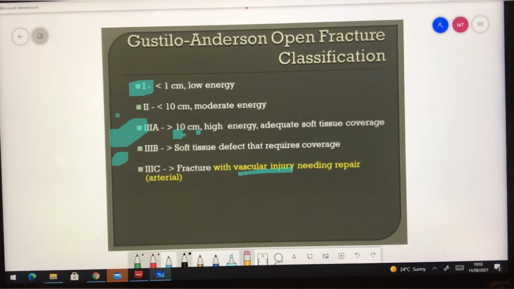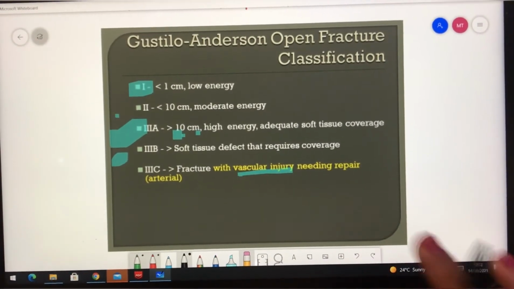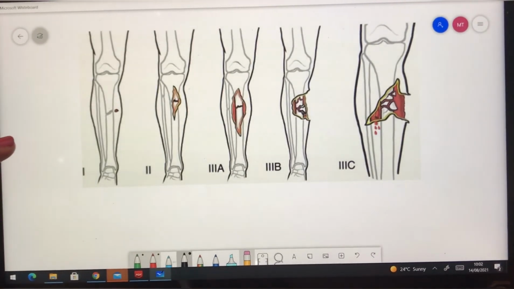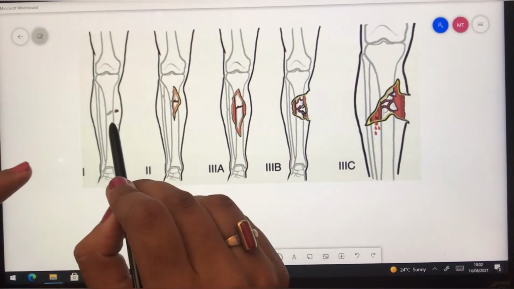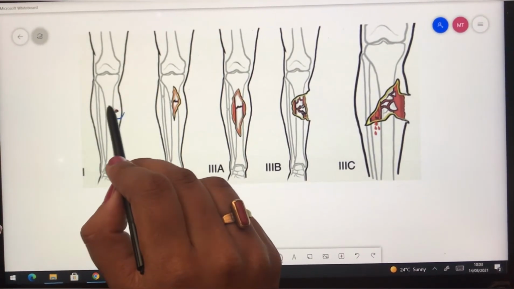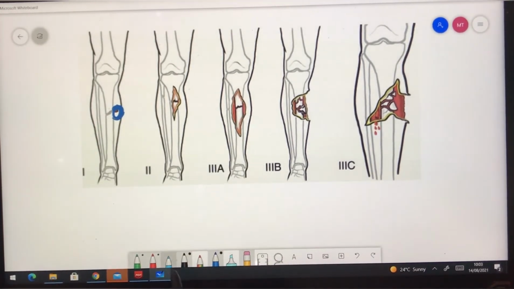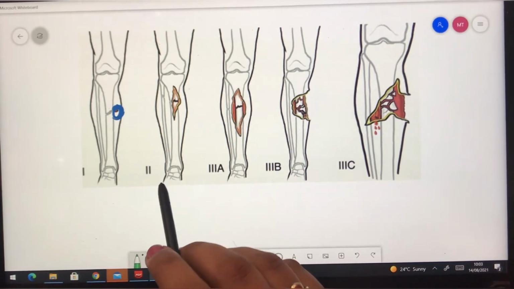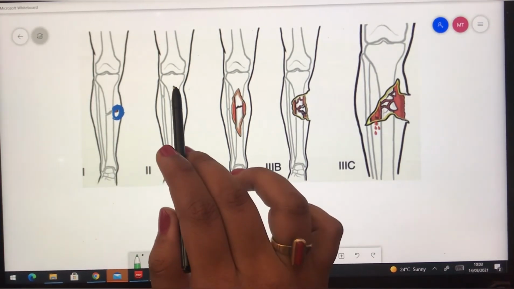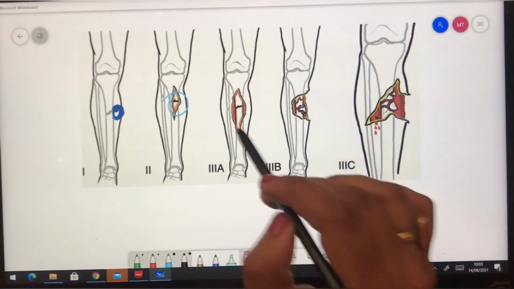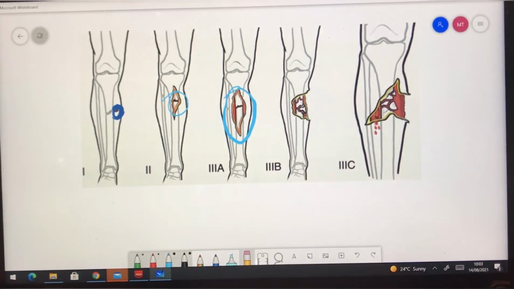So let's make this classification more clear with the help of a diagram. So here is the diagram. You can clearly see in type 1, the wound is less than 1 centimeter. In case of type 2, the wound is 1 to 10 centimeter long. In case of 3A, it is more than 10 centimeter.